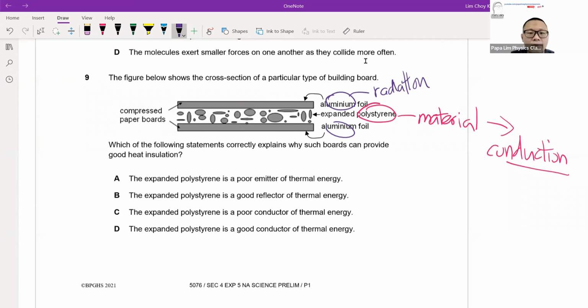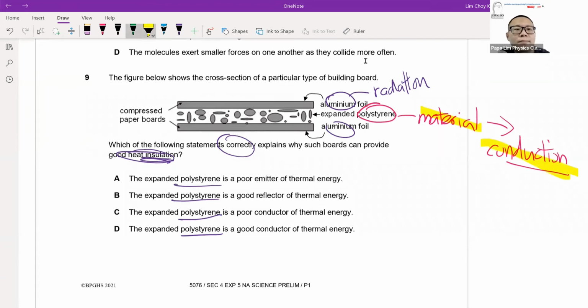Once you have analyzed the picture, look at the question to see what they are asking for. Which of the statements correctly explains why the board provides good heat insulation? Look at all the options. All the options revolve around polystyrene. Like I mentioned before, polystyrene is the material, and it has a direct impact on conduction.